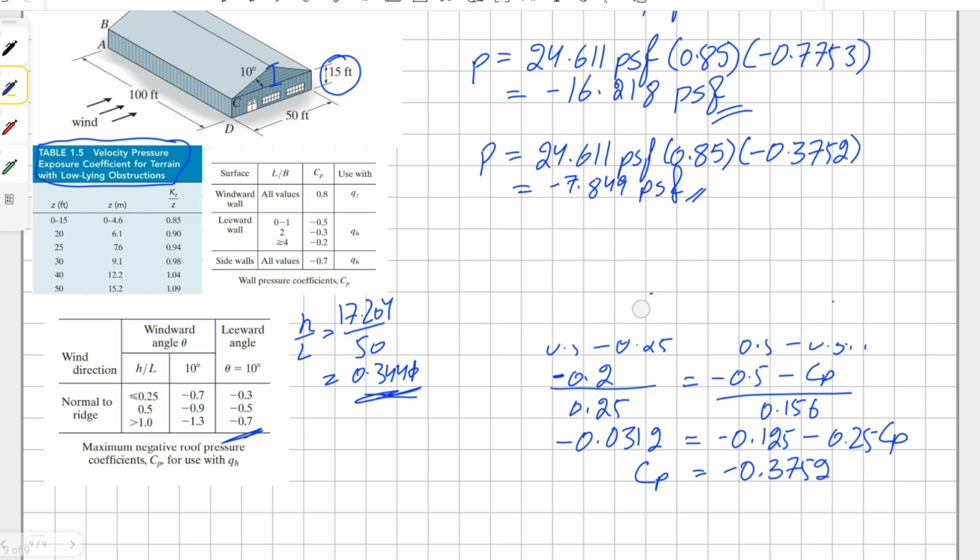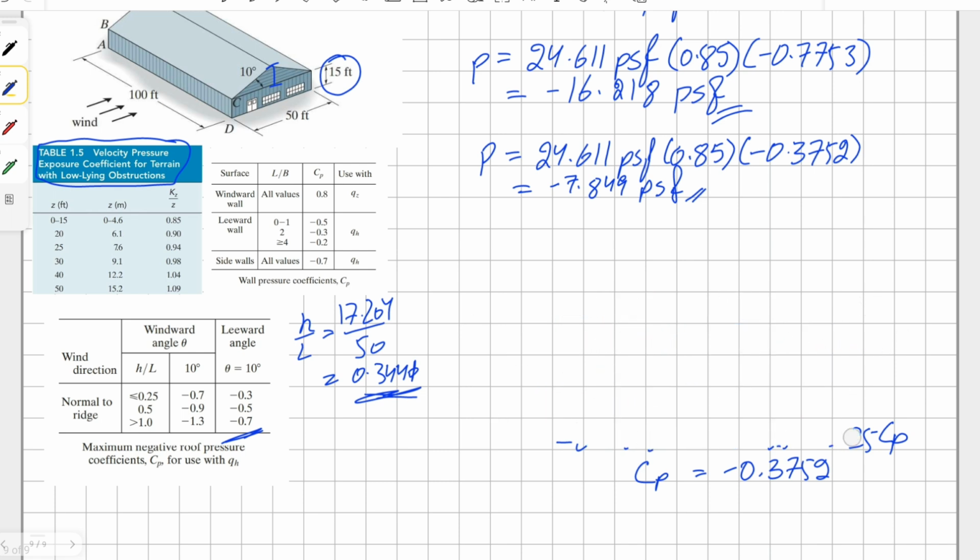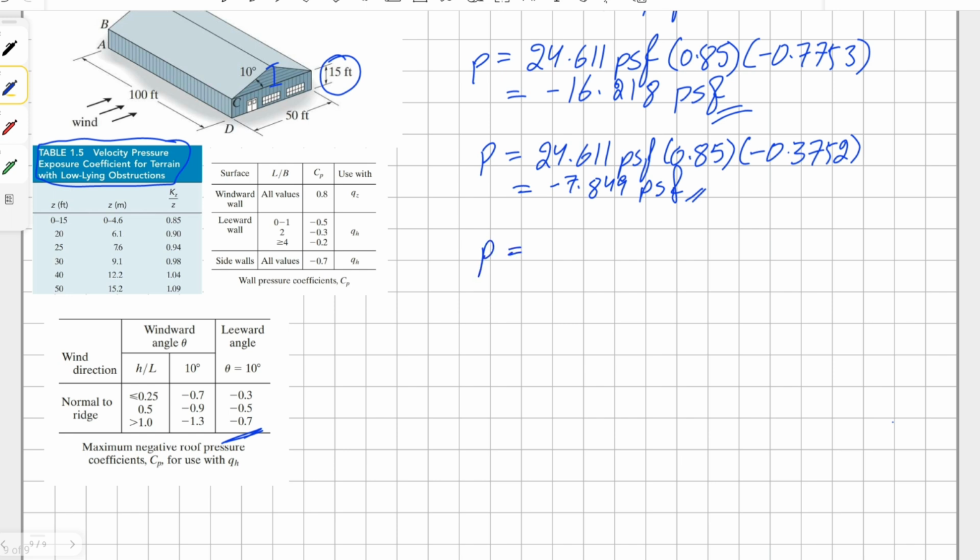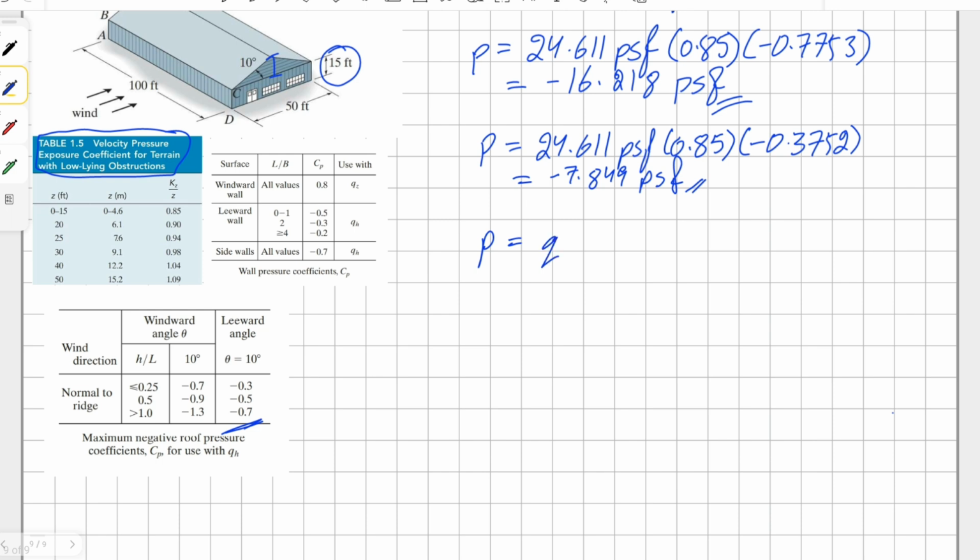Now what we are left with is just one problem. We have to find our internal pressure for this roof, and this is actually super easy. Our design pressure formula for internal pressure of this roof is our velocity pressure times our internal pressure coefficient, and notice I'm writing it in brackets, because for every enclosed building there is a criteria I'm not going to discuss because it would take a little time.